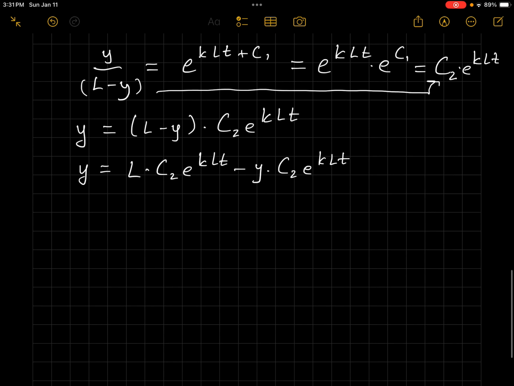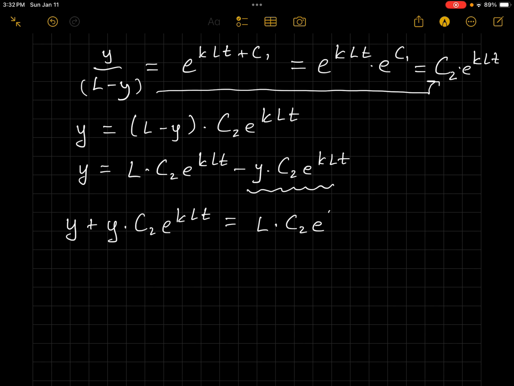And now we can add this piece to the left. As stated, lots of algebra. Giving us y plus y times c2 times e to the kLt equals L times c2 times e to the kLt.